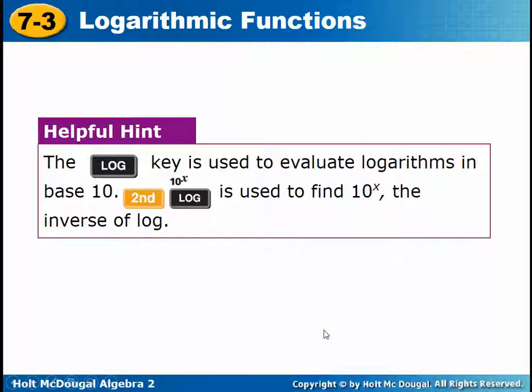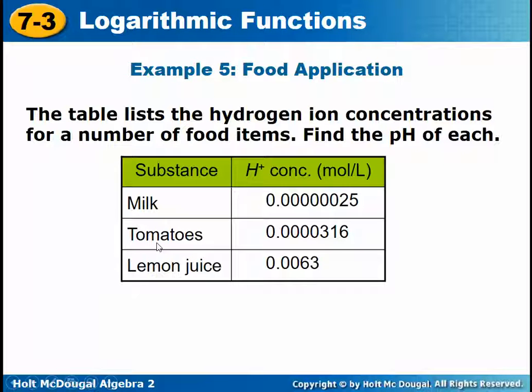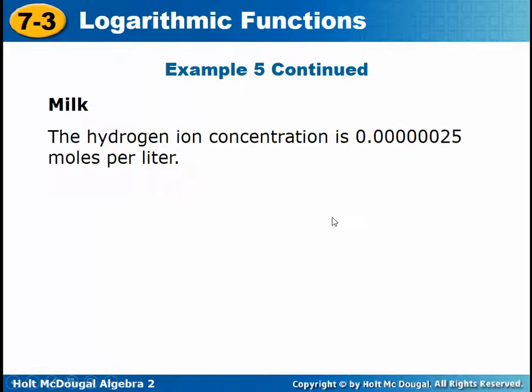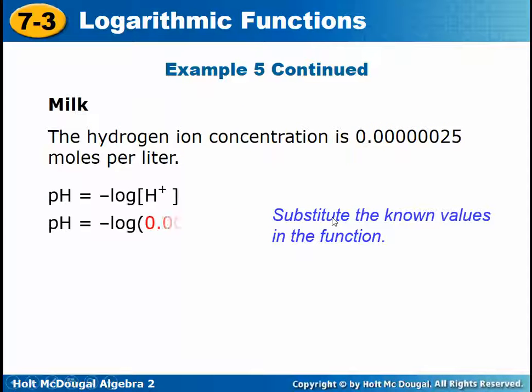As I said before, you can use a calculator with the log key in order to evaluate logarithms. In this problem, it's kind of a word problem where they tell us the hydrogen ion concentrations, and you're going to find the pH using a formula that says you would take negative log of the hydrogen.